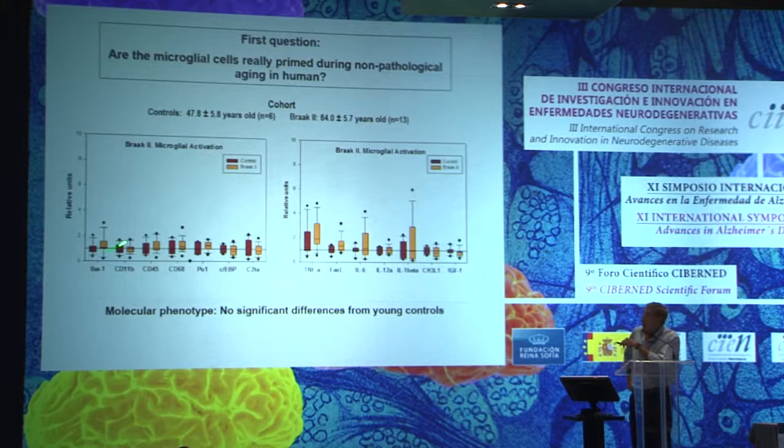And as you can see here, I'm not going to go into detail about this busy figure, but you can see the profile is not different at all from controls. So at least from the molecular point of view, there is no significant difference between BRCA2 samples and controls.